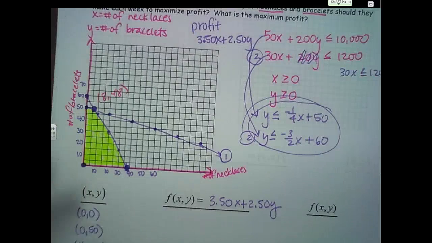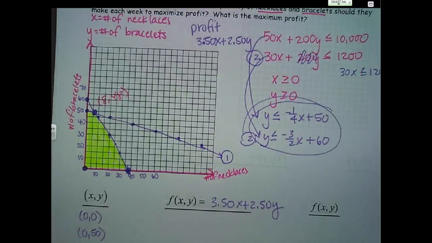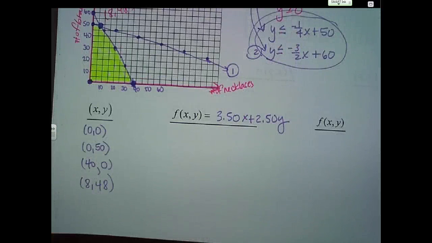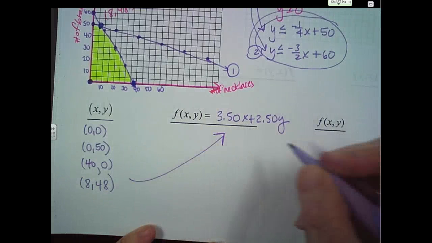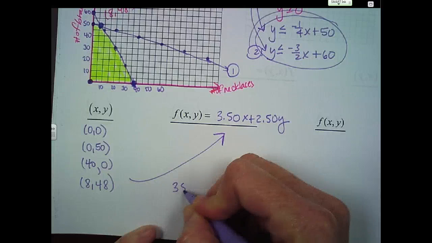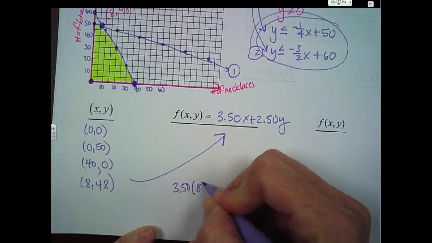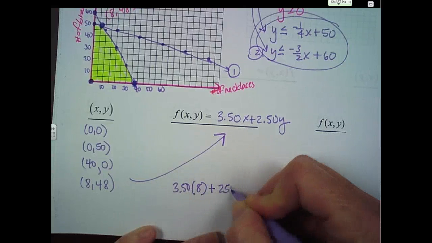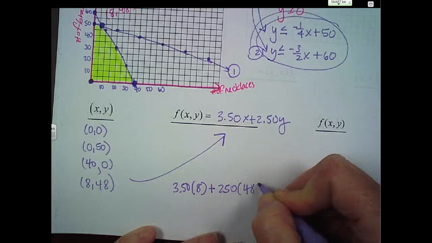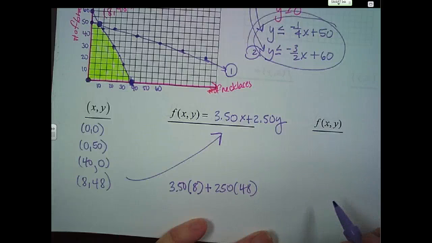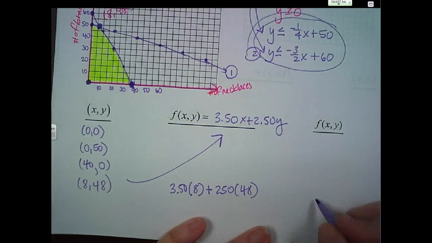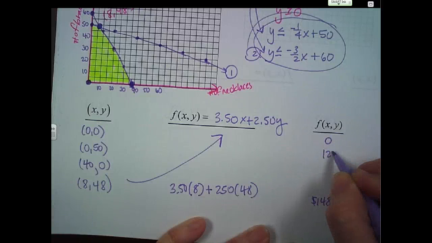So what do you think you're going to do with these 4 points you found? Plug them in. When you plug these in, 350 times 8 plus 250 times 48 gives you how much money, guys? 14,800. And your goal is to plug each one in.